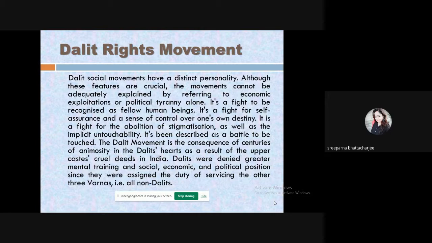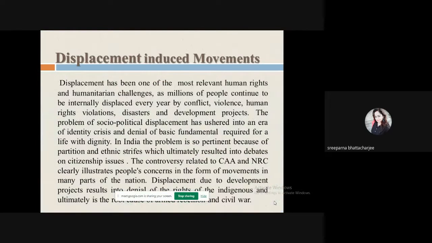So this Dalit movement is again a very significant step in the direction of strengthening the human rights movement, because this group of people are socially excluded, there is a continuous denial of their rights, and they are somewhere considered as people not belonging to a particular social group. So that is why this movement is again a very significant movement.